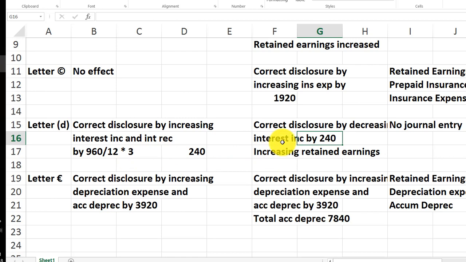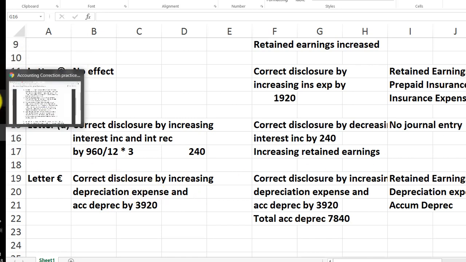So we're going to then make no journal entry in 2018. So that was the two disclosures. Again, no journal entry.